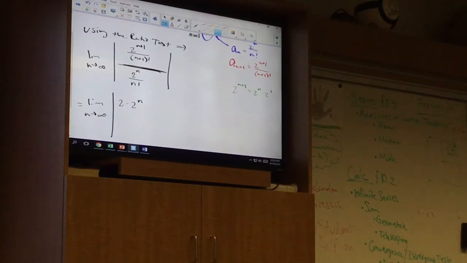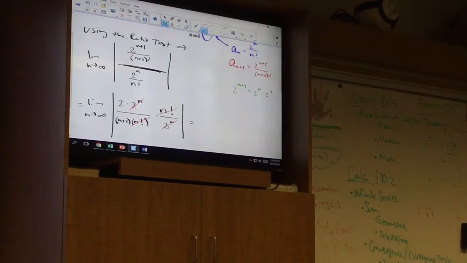So that's just 2 times 2 to the n? Yeah? And then n plus 1 factorial. Good. And now instead of me dividing by that, I'm going to multiply by the reciprocal because I know I can do that. So times n factorial divided by 2 to the n. So now obviously that n factorial cancels with that n factorial, that 2 to the n cancels with that 2 to the n.